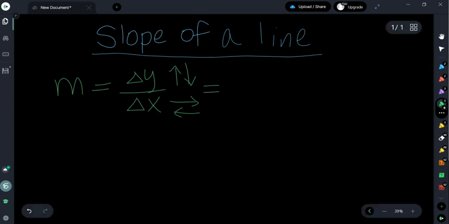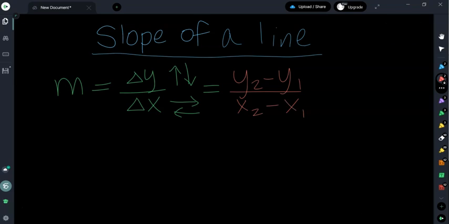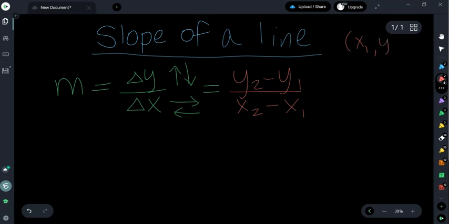The way we found that change was we took the difference in the two y coordinates divided by the difference in the two x coordinates. So basically the vertical change divided by the horizontal change between 2 points. This is if we're given 2 points on that line, and you can take any 2 points on that line to find the slope. We talked about that in the first video.